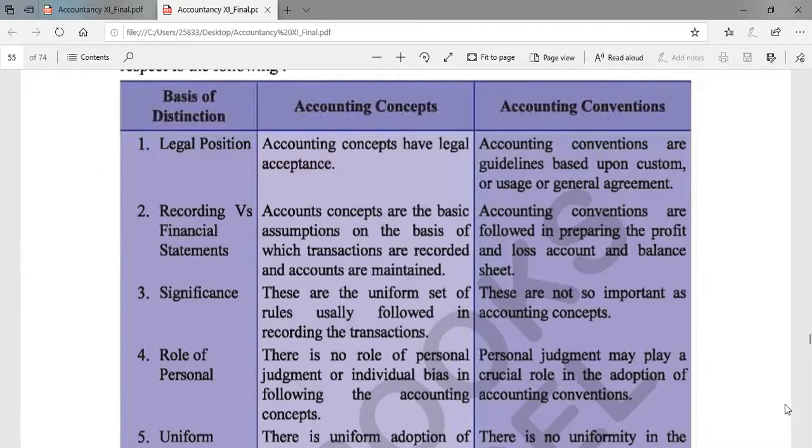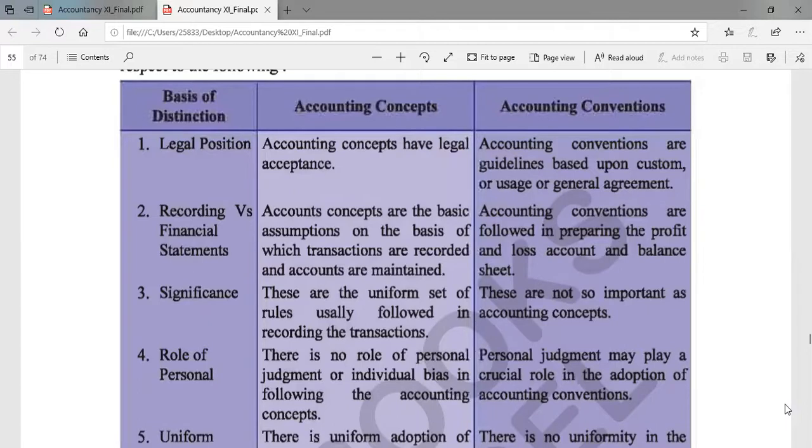Okay, the next is recording versus financial statements. Whatever transactions we are going to record, like the dual aspect concept, the accounting period concept, or the going concern concept we just studied, every accounting concept that we have studied as of now is going to be used for recording all our transactions, and based on that recording our final accounts are going to be prepared, right?